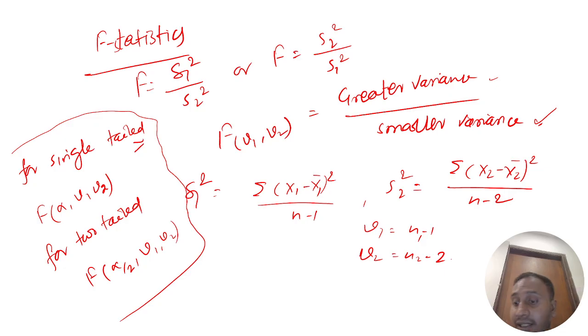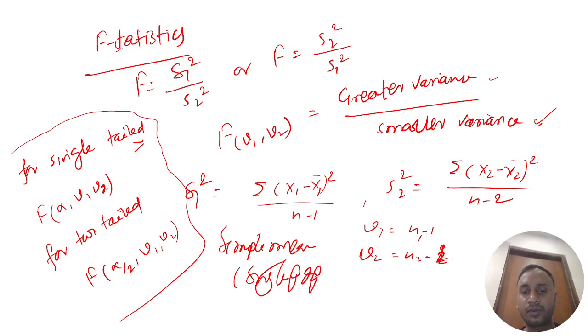So the F statistic is actually the greater variance by the smaller variance. How will we calculate S? We have already calculated it for the case of a single population mean. Similarly, we'll do it here also.